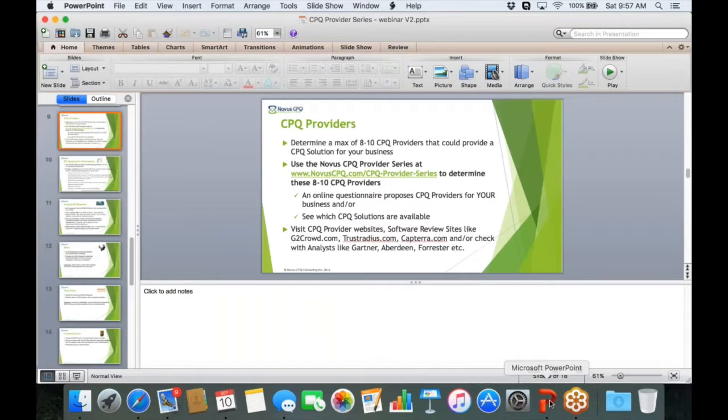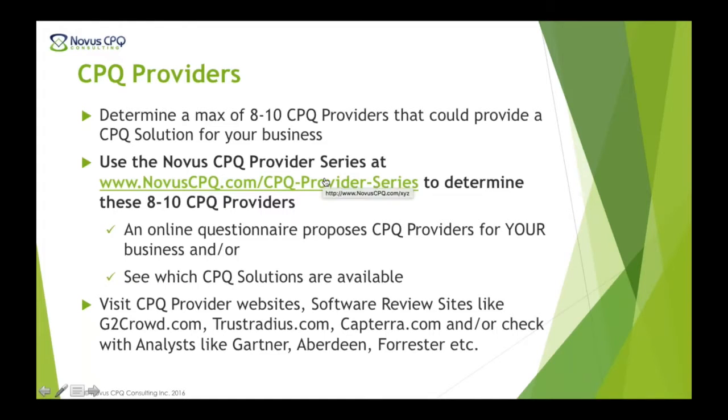Okay, but let's go back over here, because that was just one aspect of it. So we want to make sure you understand there is the Provider Series. It helps you to get this information in any case, if you use it or don't, you should have 8 to 10 providers at this stage, not more. Otherwise, it really becomes hard to handle.